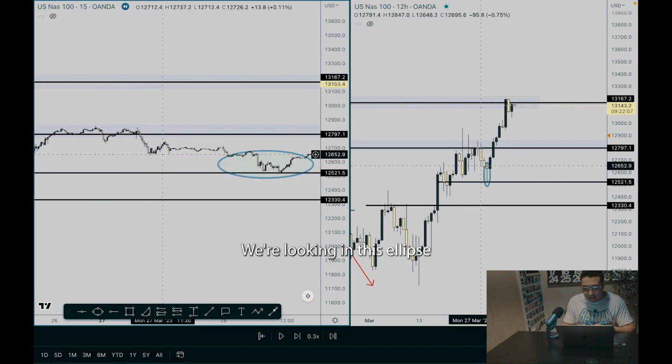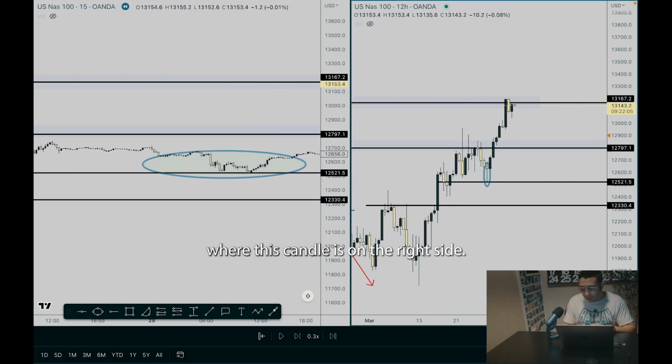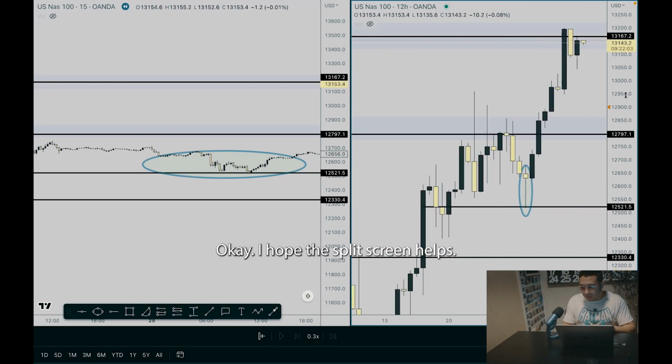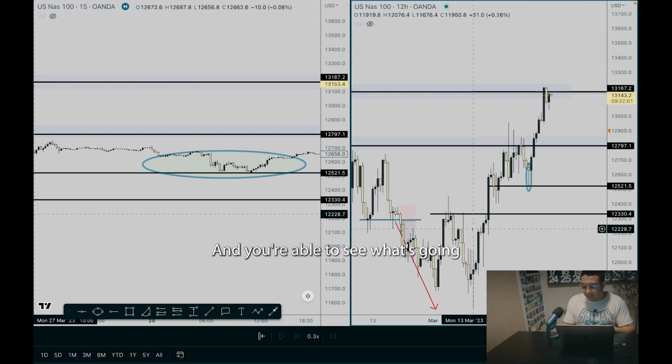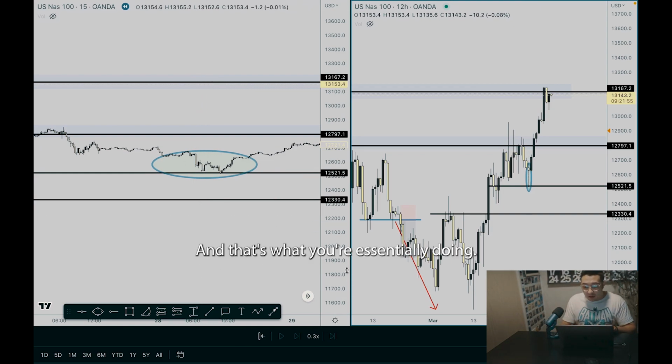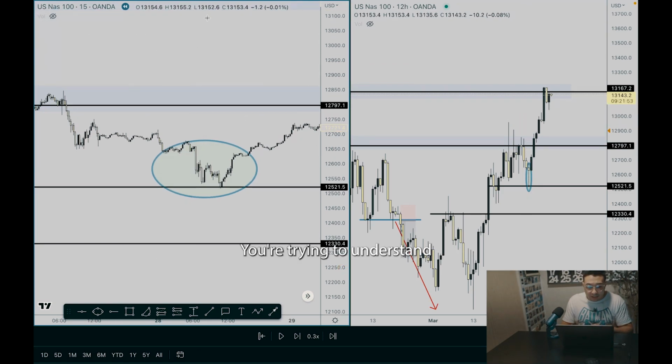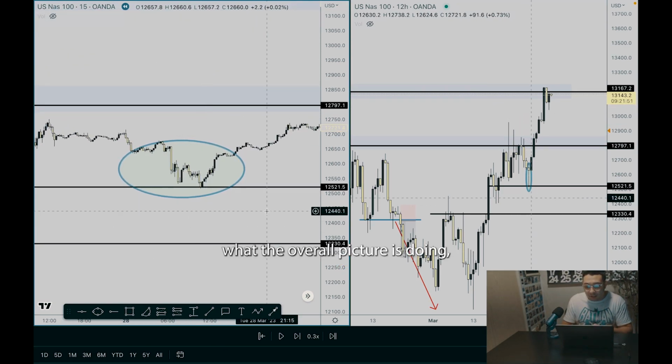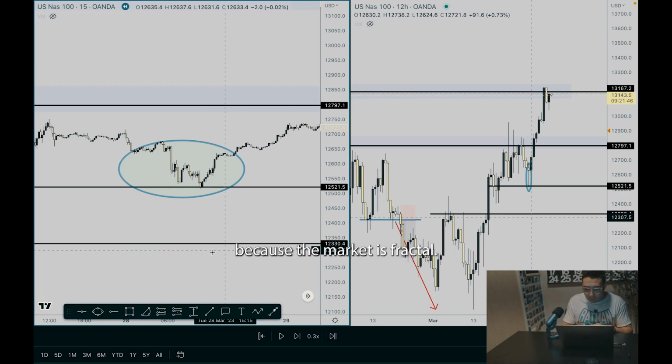We're looking in this ellipse where this candle is on the right side. I hope the split screen helps. It helps me a lot, and you're able to see what's going on in two different time frames. That's building the overall picture, and that's what you're essentially doing. You're trying to understand what the overall picture is doing, piecing together the lower time frame and higher time frame, because the market is fractal.